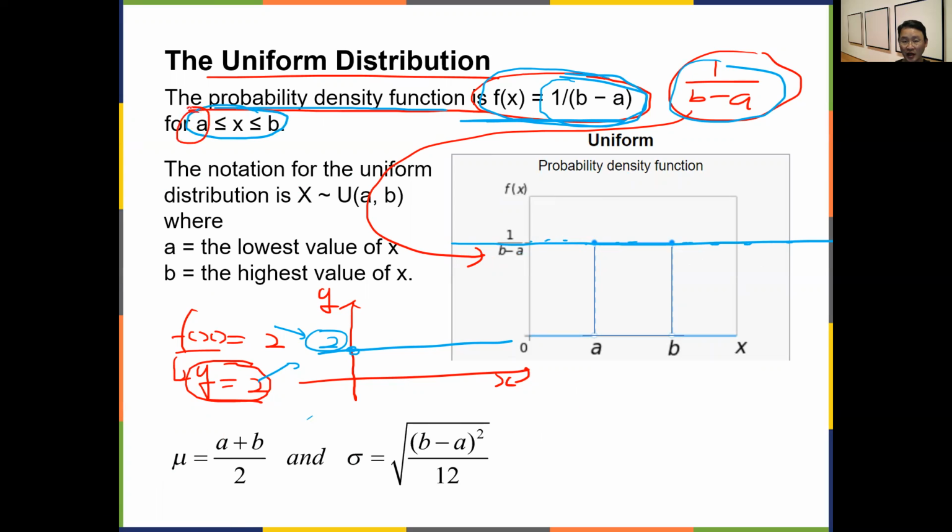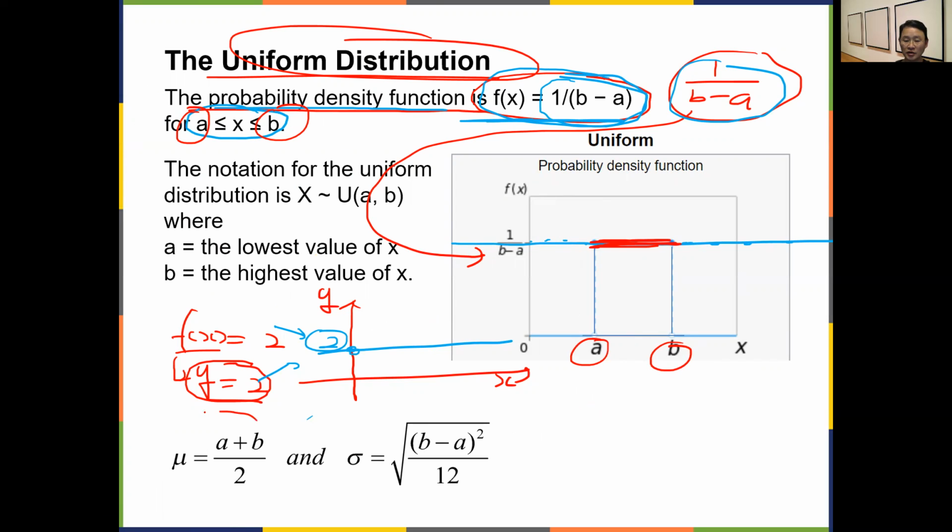Only between x values a and b. So technically speaking, we are only going to use part of this line, which is between a and b, just like that. So that describes this probability density function in uniform distribution. We talked about that.